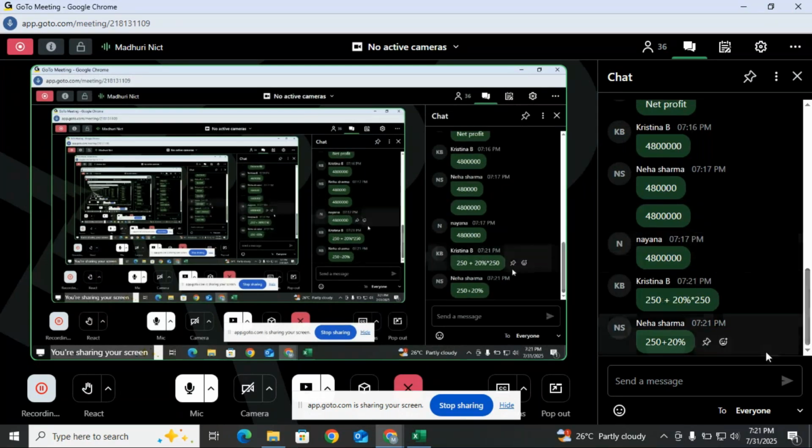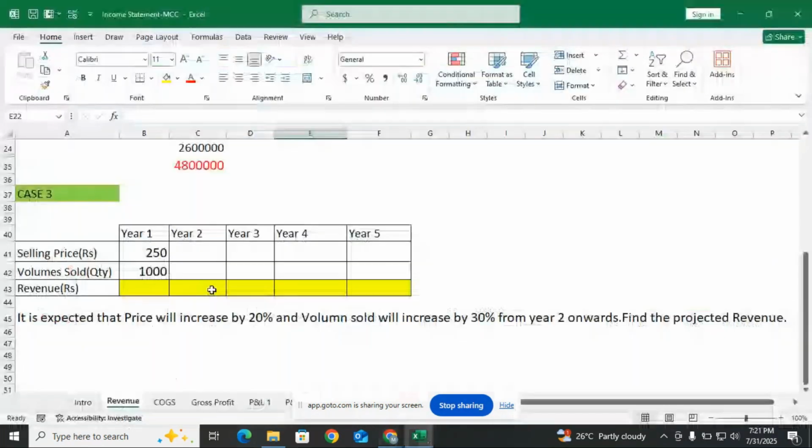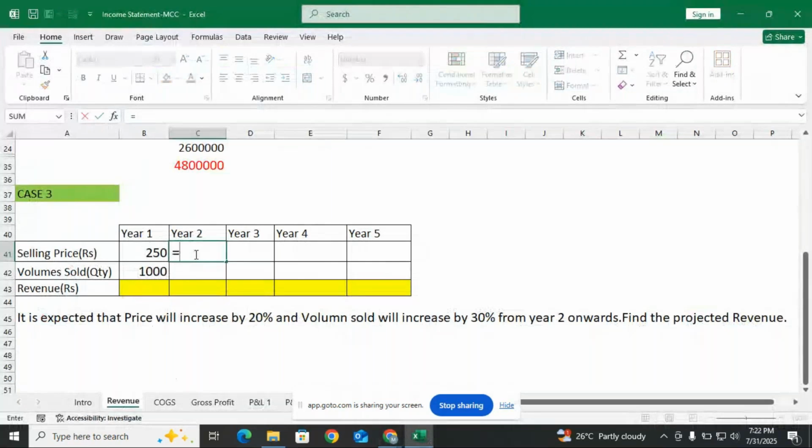Christina says it is 250 plus 20% of 250. Neha says 250 plus 20%. Fine. I'll adopt this method, 250 plus 20%. So if I say equals 250 plus 20%.